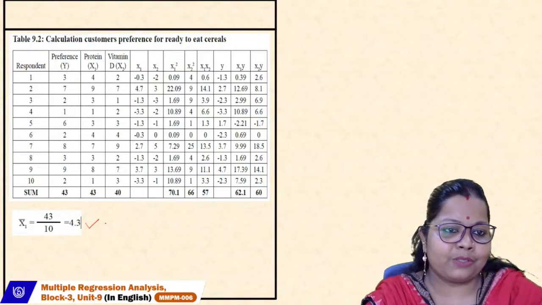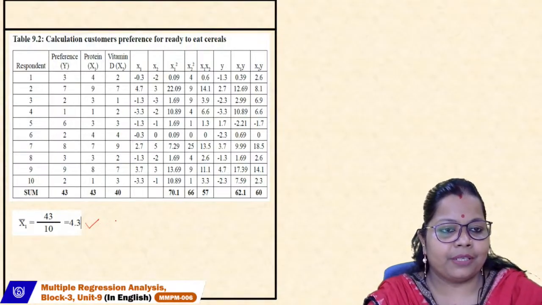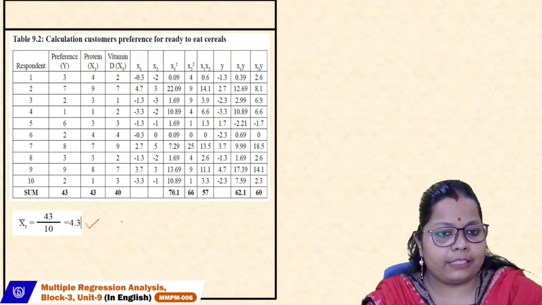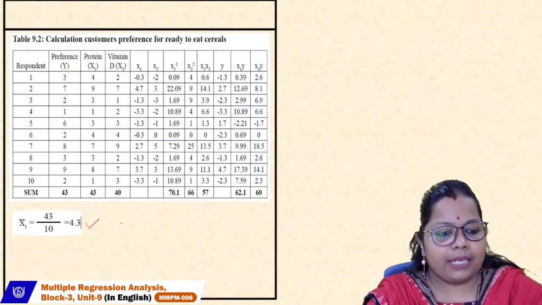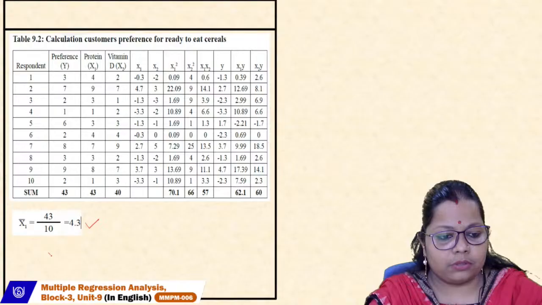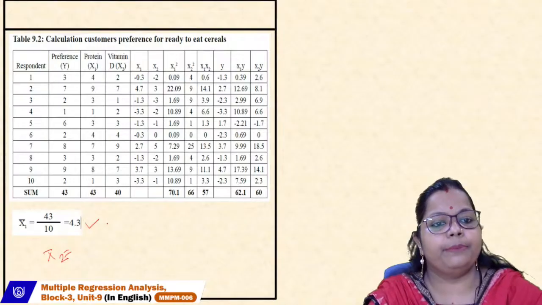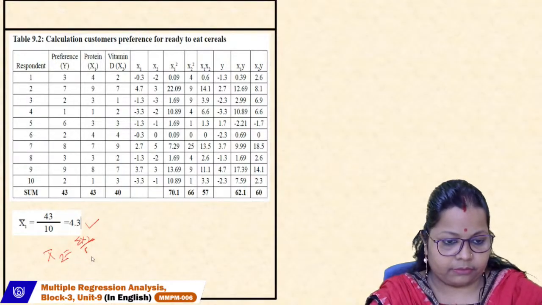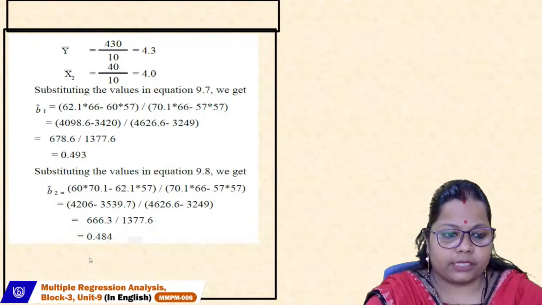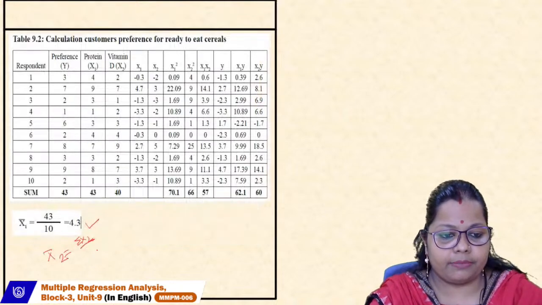I kept the other variables' arithmetic mean blank, because it is not necessary here. Then similarly x2 bar is also required, because the other independent variable is x2. How will x2 bar be calculated? The same way: take the summation of x2 and divide it by n.